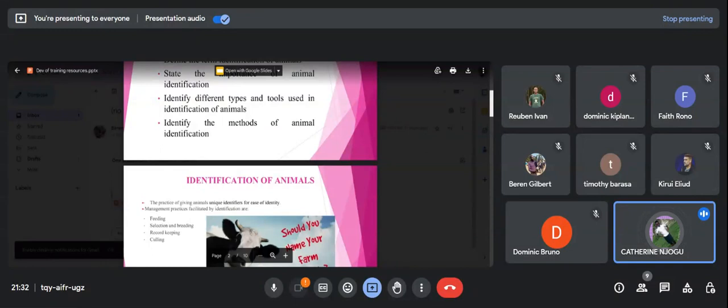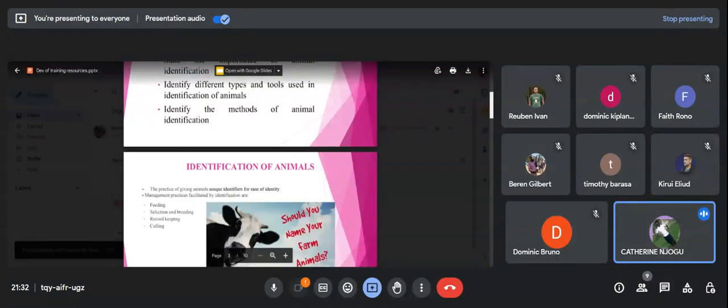So having looked at what is identification, I'd like us to move on to another task, which is importance of identification. Because we already know what is identification of animals, I would like us to discuss, and you should lift up your hand if you know, the importance of identification of animals.